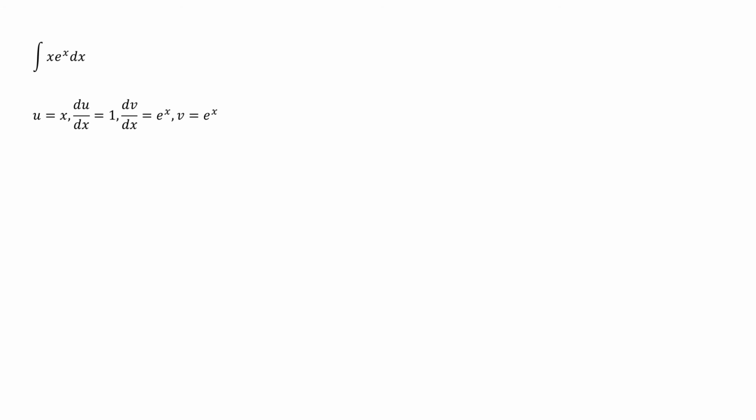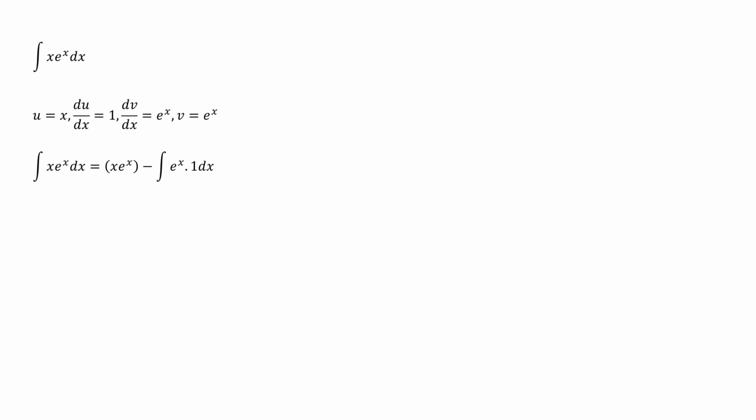So as I said, it's easy to do either with these two functions, but it will work quite happily. So my integral of x e to the x dx equals uv, where u is equal to x and v is equal to e to the x, minus the integral of v du by dx, which is e to the x times 1.